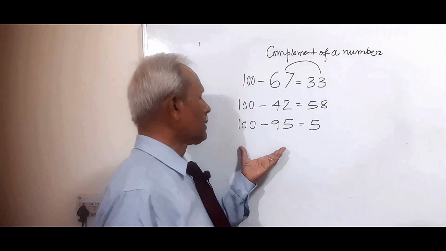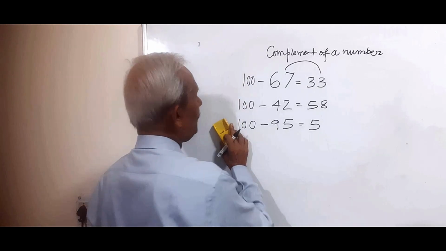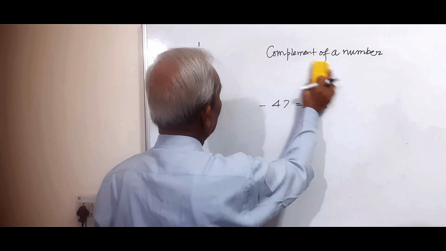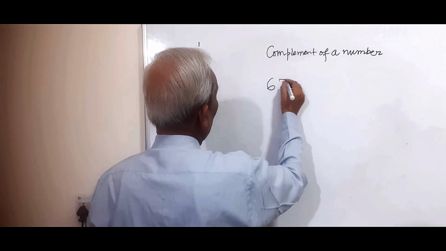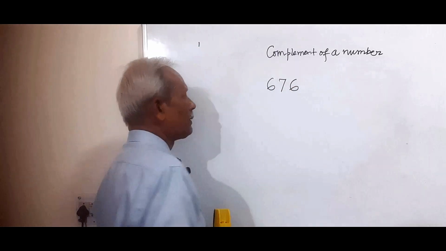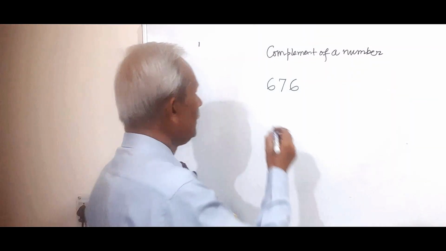But in all these cases, how are we getting the complement? Let me show another example, a bigger number. Say it's 676. What is the complement of 676? What is its nearest base? The nearest base is 1000, with 3 zeros.